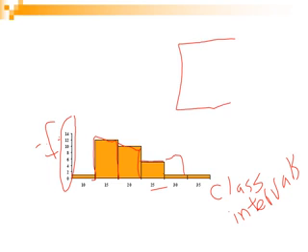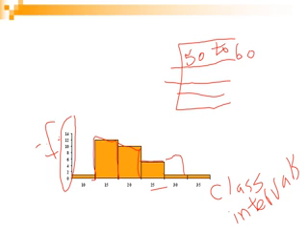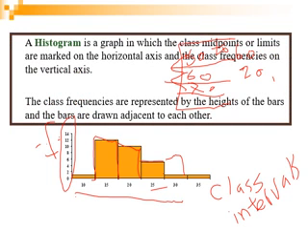This is because the classes are adjacent to each other, 50 up to 60, and then 60 up to 70, and then 70 up to 80. There is no gap between classes, so there is no gap between the bars, and the bars are adjacent. This is the difference between the histogram and the bar chart. So let's define the histogram.